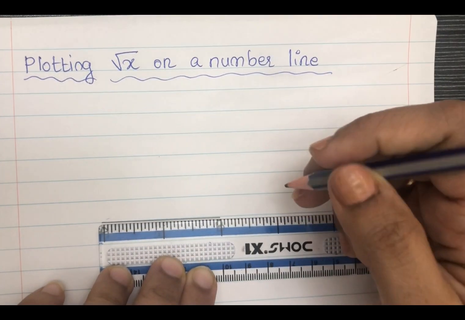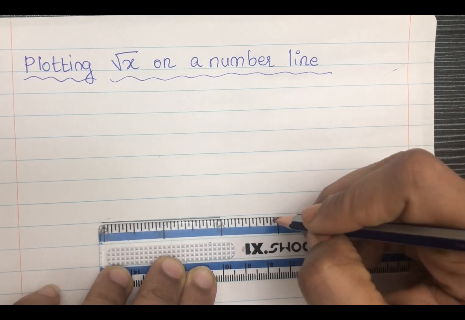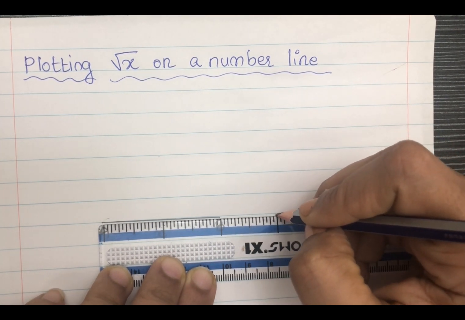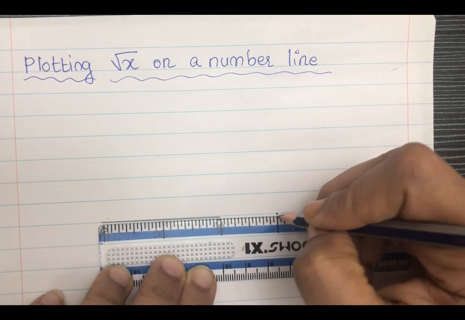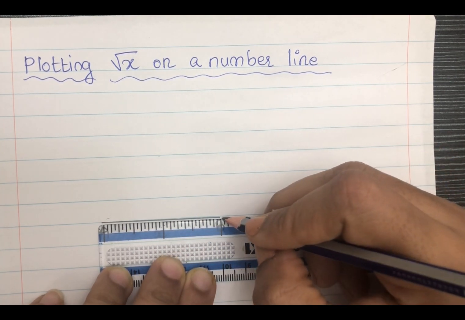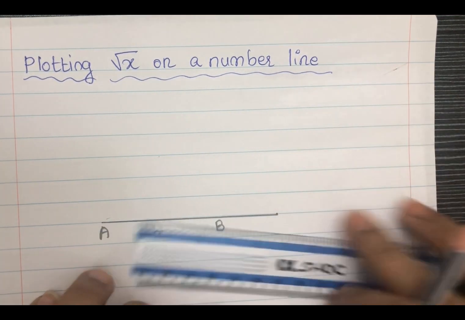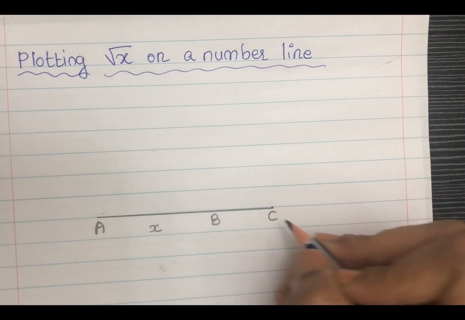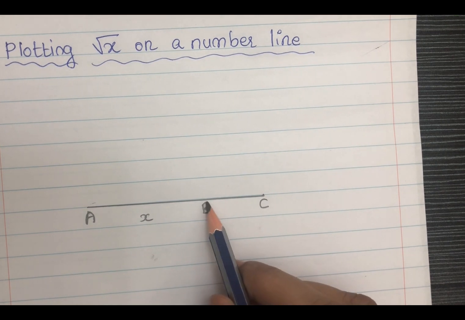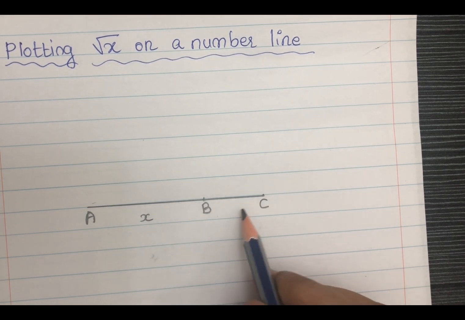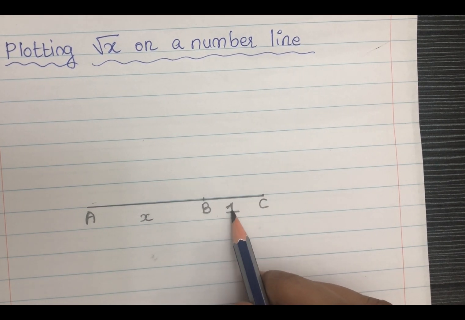Now mark a point C, which is 1 unit more than AB. I marked a point C here so that BC is 1 unit.